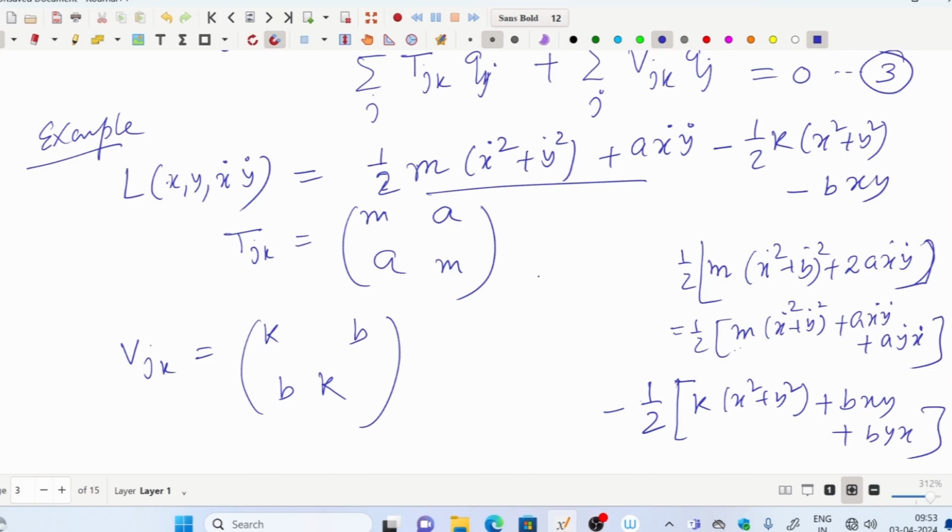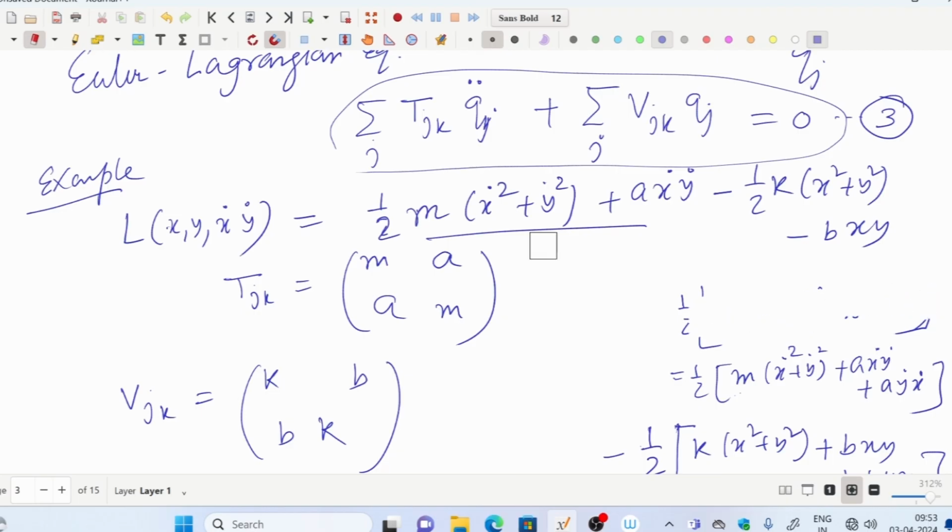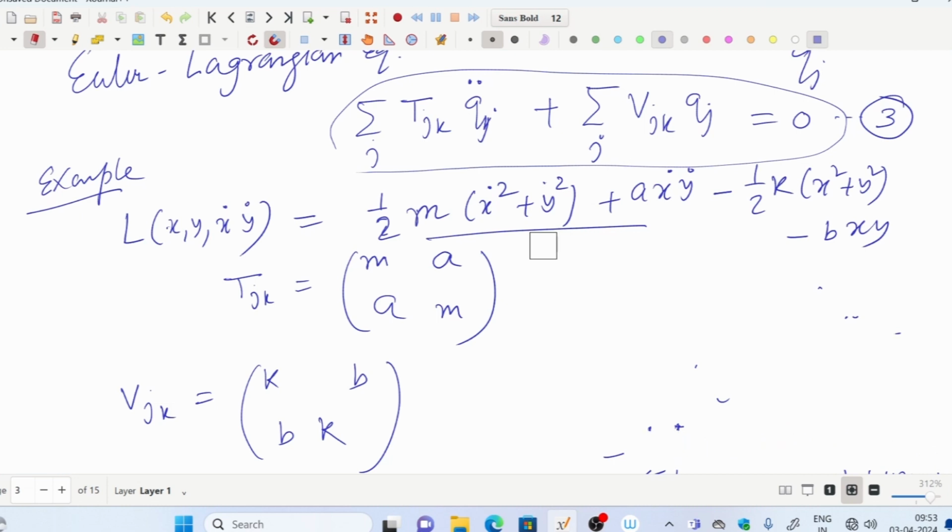Now try to understand this equation of motion. Let us see what the meaning of this equation of motion is.